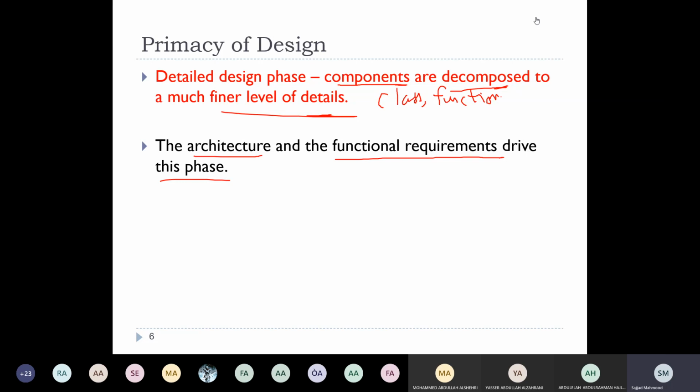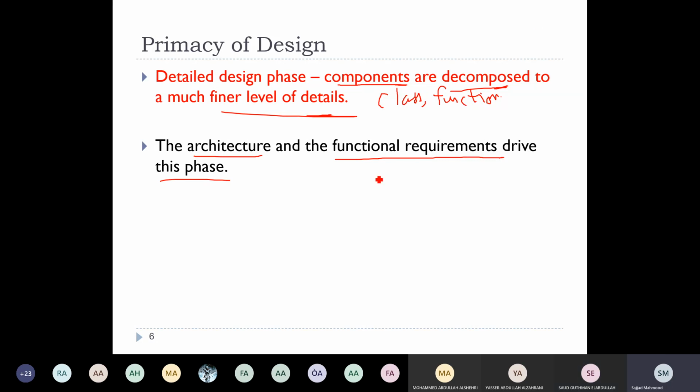Now for detail, I'm saying it's driven by your architecture and functional requirements. So what happened to my non-functional? The architecture is driven by the non-functional, so we can say that detailed design is driven by the functional and non-functional requirements. Yeah, indirectly, inherently.